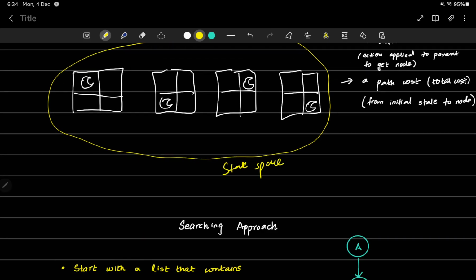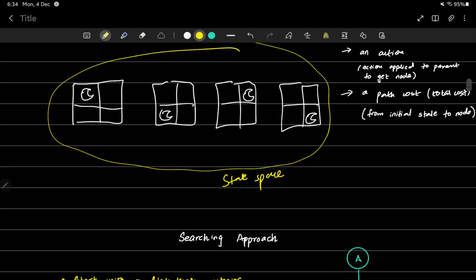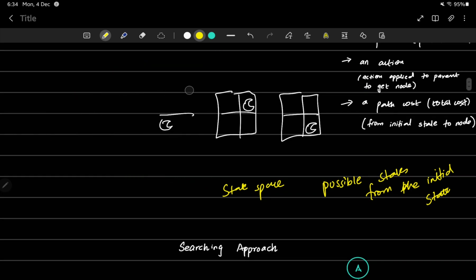But there is something that we are missing here, and it's extremely crucial, and that is it said possible states from the initial state, and this is extremely important to note, and I'll give you an example now.